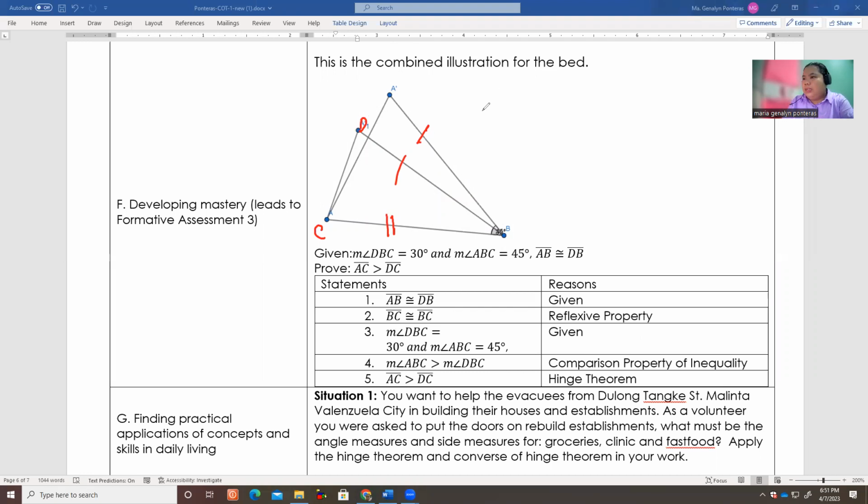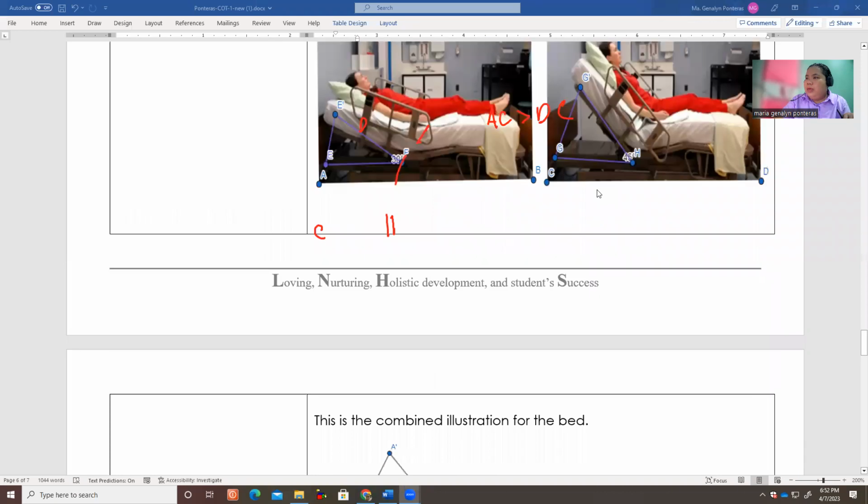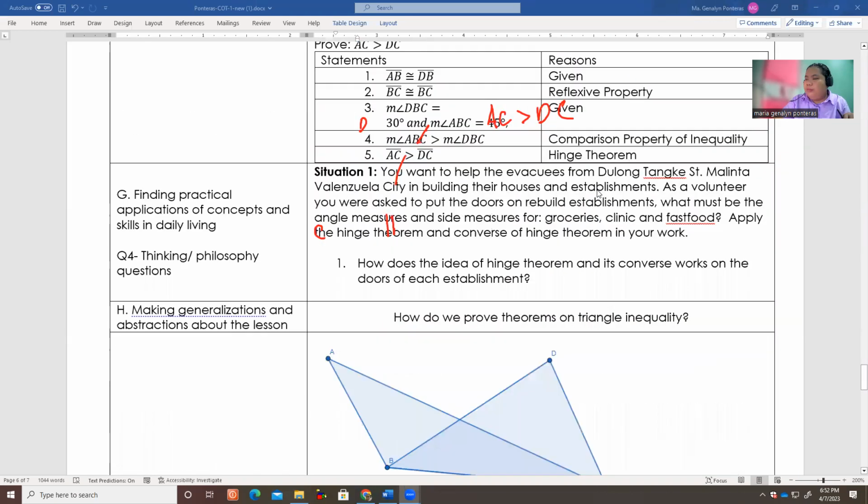This is AC, which is greater than side BC by hinge theorem. The comparison property of inequality is when you compare two numbers, two quantities. So we already proved the side to angle. We already have the hinge theorem.